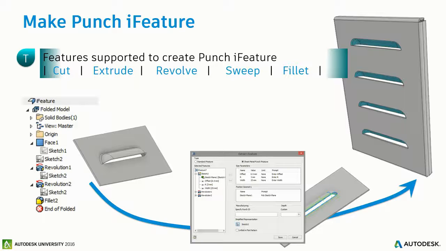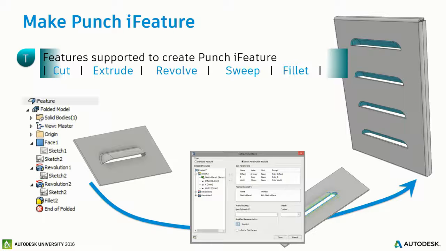It's usually required that you create it with iFeature. We have five features supported in iFeature creation: cut, extrude, revolve, sweep, and fillet. You cannot use other features, or they will not be recognized by the iFeature publisher.